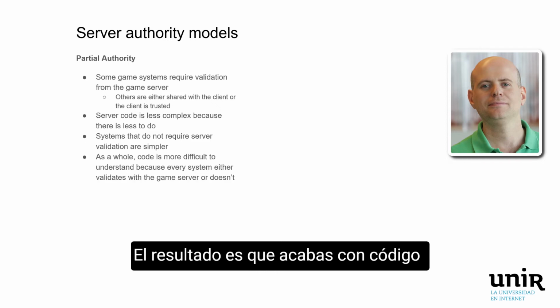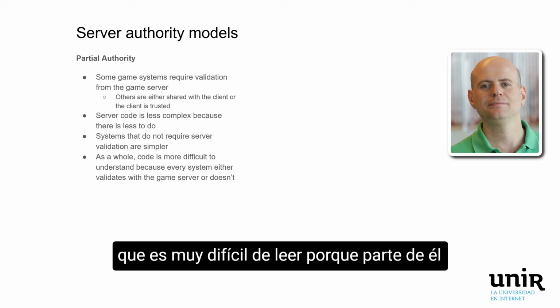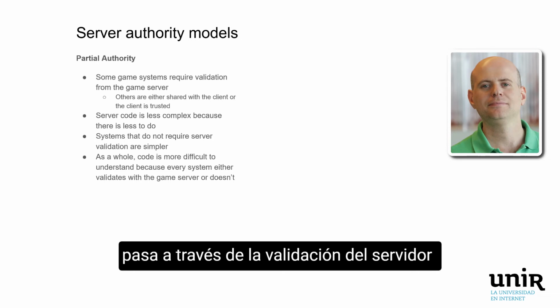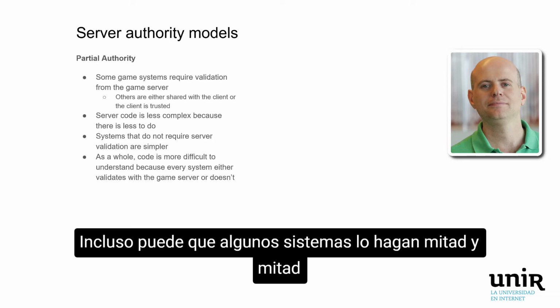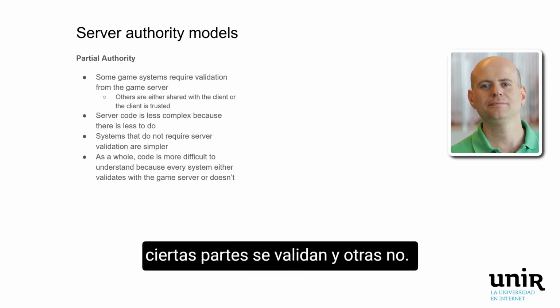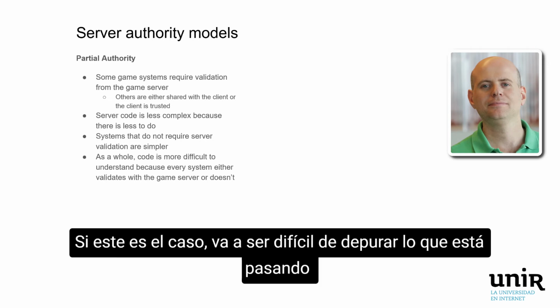And the result is that you end up with code that is very hard to read, because some of your code will go through server validation, some other parts of the code are not going to go through server validation, and maybe some systems are just going to be half and half, with certain parts validated, some other parts which are not validated. And if that is the case, it's going to be difficult to debug what's going on.